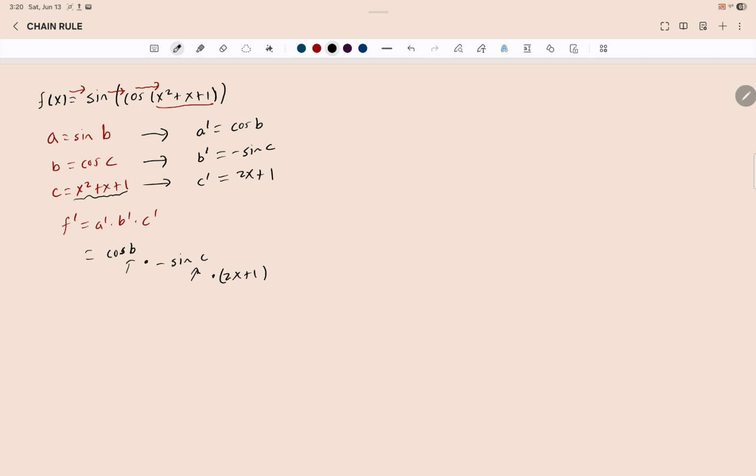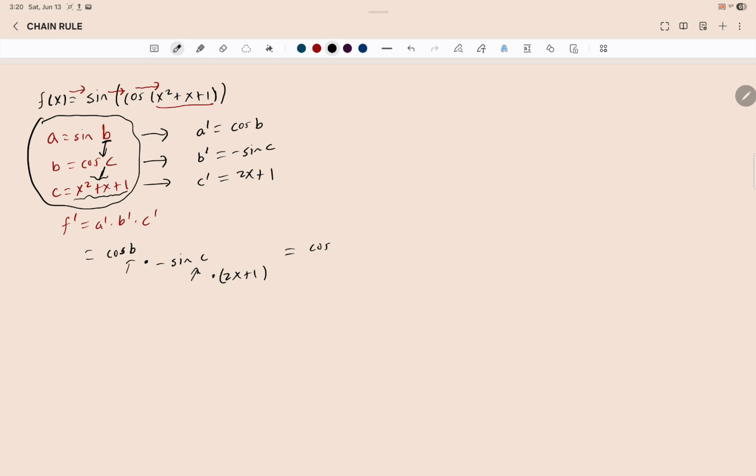That means I have to go back to this column and plug in, replacing the variables until we get back x. All right, fine. So let's do that now. Cosine of b, remember b is here. So to get b, I just go down. That's going to be cosine of c. But remember c is all of this down here.